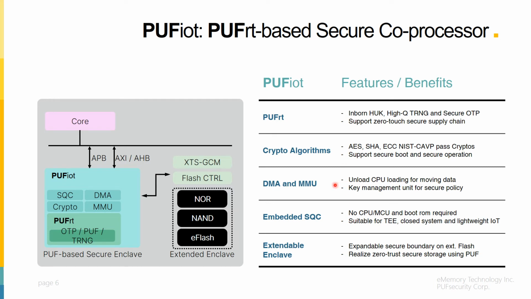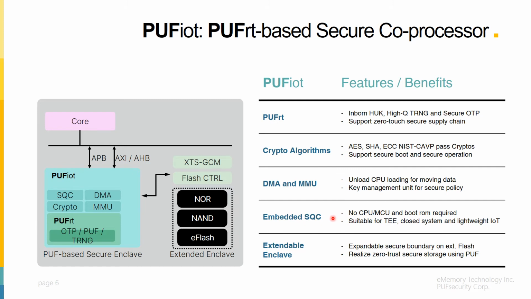Third, the PUFiot has designed AXI and AHB master DMA, direct memory access, for offloading the CPU from moving data, and an embedded MMU, memory management unit, for classifying different keys, policy, and secure range.